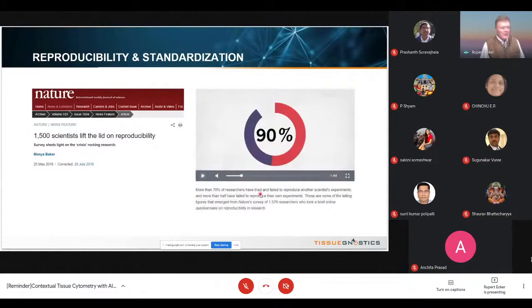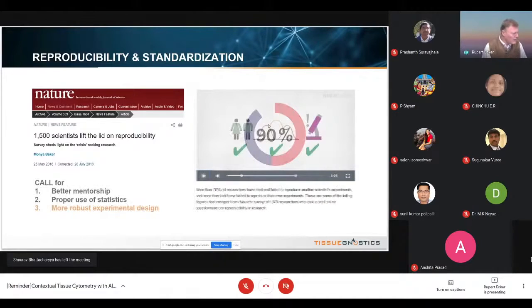And another 20% reported that they have even problems in reproducing their own data. So the question is, are our published data in science only reliable to 10%? Which sounds not very promising.